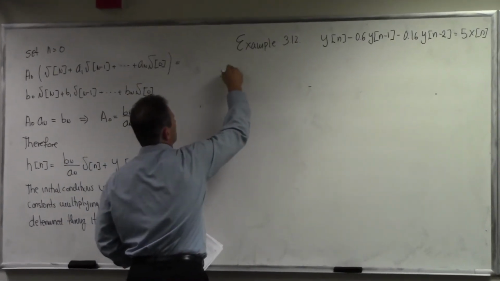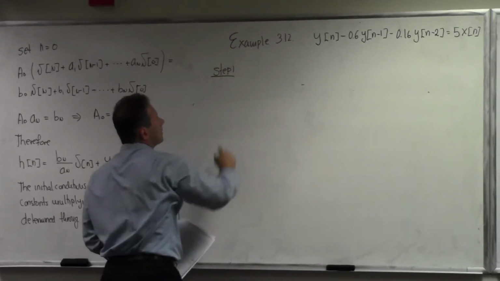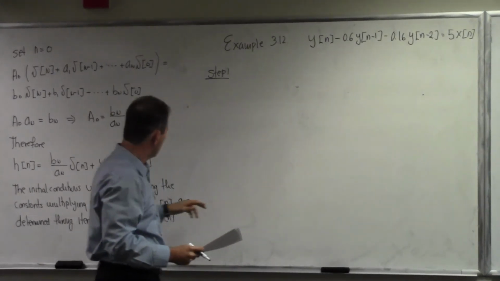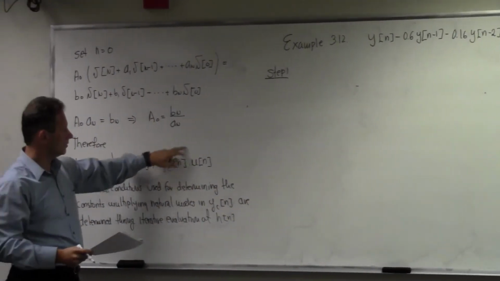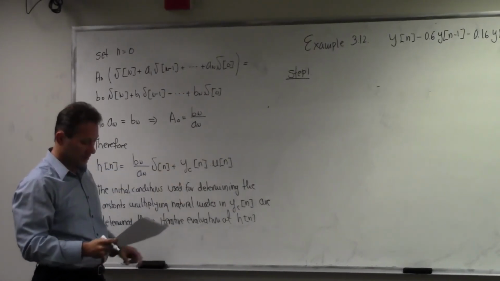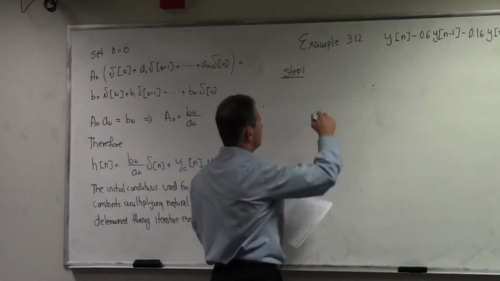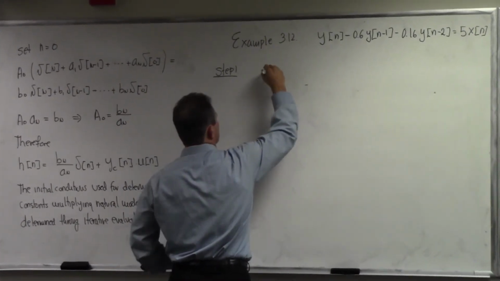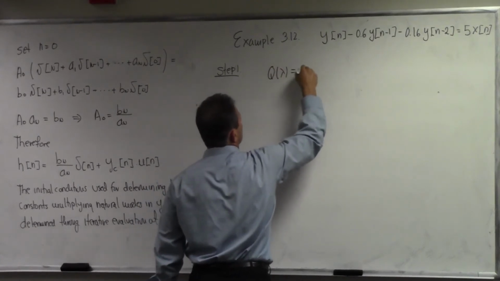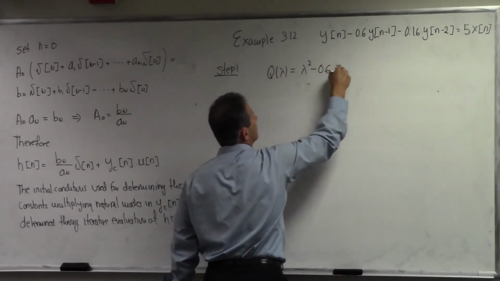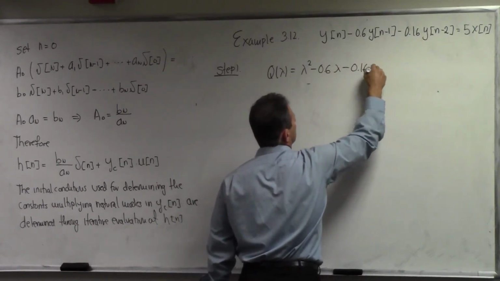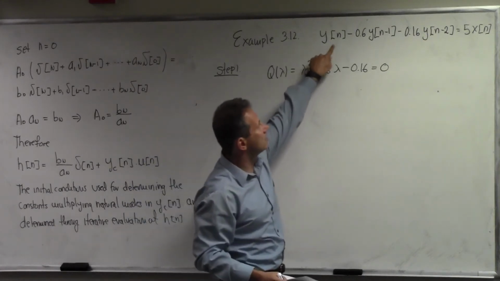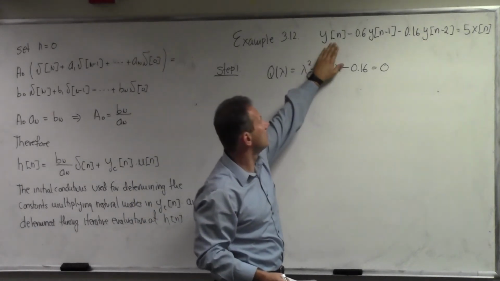We have several steps. Step 1, we actually need to determine the natural modes so that we know what makes this, right? What are the modes, what's the format of this Yc of n? To do that, we form a characteristic equation here. So Q of lambda is going to be lambda squared minus 0.6 lambda minus 0.16, and we're going to equate that to 0. How did I form the characteristic equation? Straight here from the difference equation, where I look at the highest.